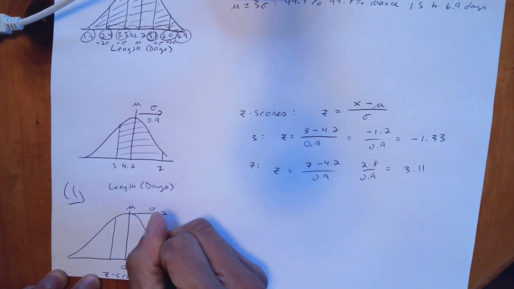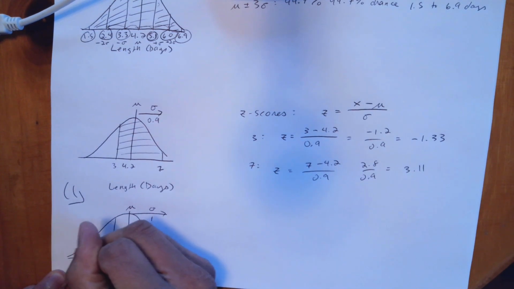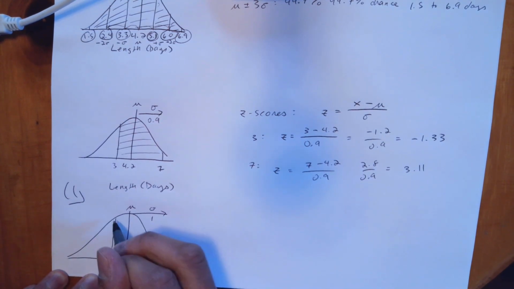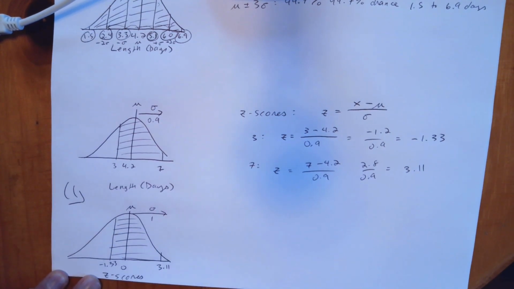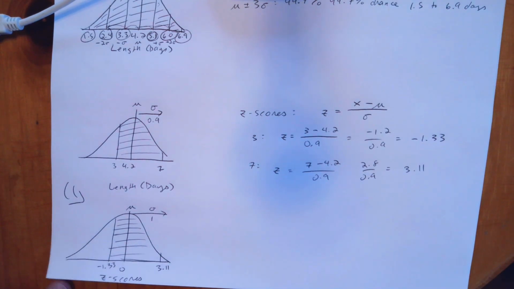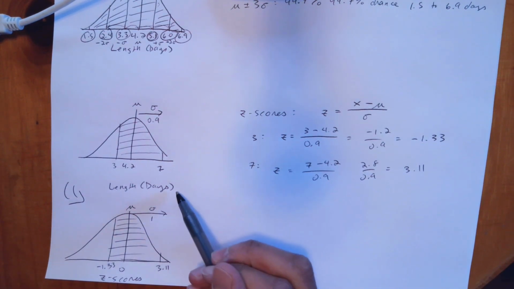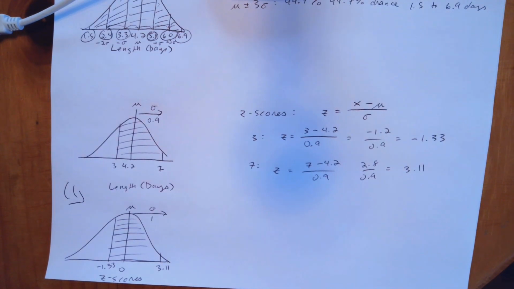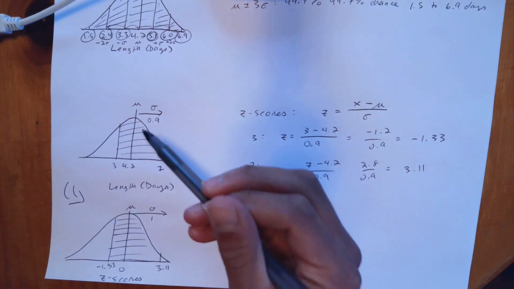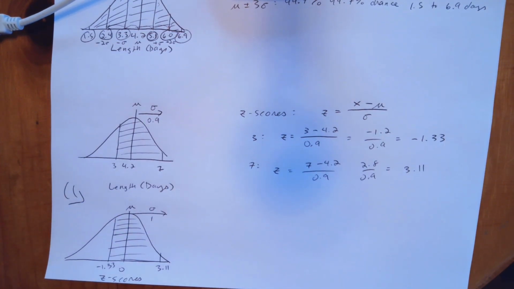We can fill in these z-scores, so 3.11 and negative 1.33, and shade the area between them. And once we've done this, we've converted everything to z-scores, so we're no longer counting in days, we're counting in z-scores now. But every single thing about these 2 distributions is the same otherwise. They're the same shape, they've got the lines drawn in the same places, and they have the same area shaded underneath the curve.